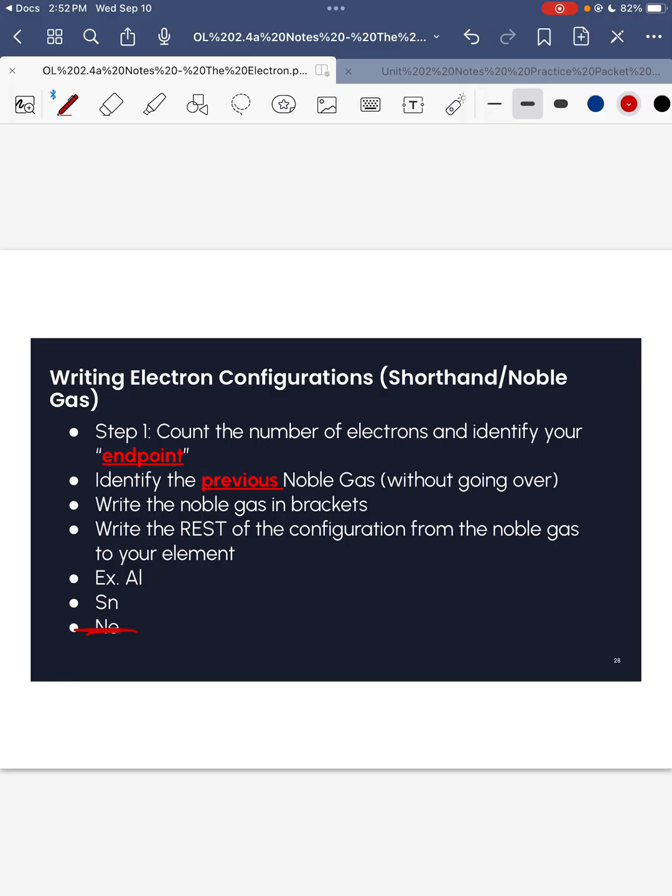So for example, aluminum, instead of writing 1s2, 2s2, 2p6, 3s2, 3p1, which is the full configuration, instead we can find the noble gas before aluminum, which is neon.